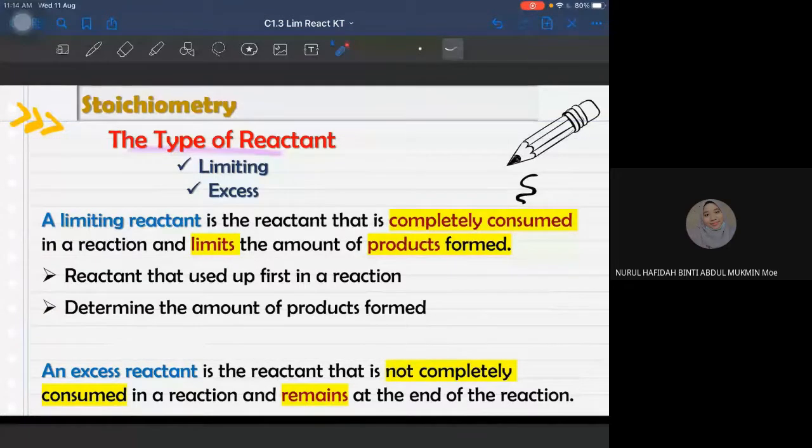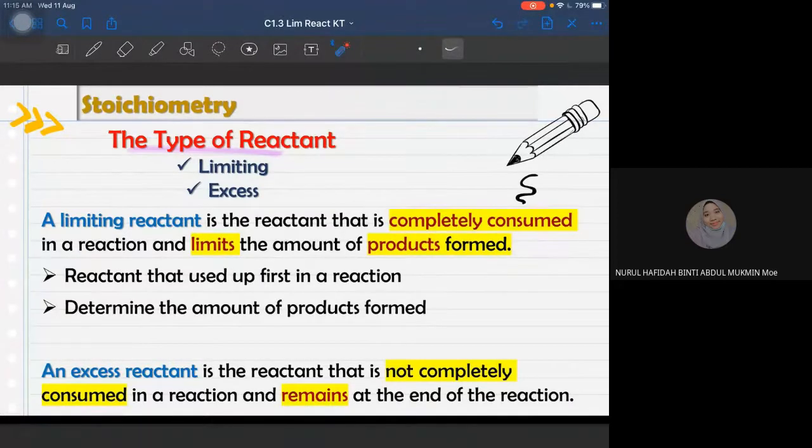Sebab tu dia cakap dia akan limit the amount of product form. Okay, in other word, we can say that it is the reactant that use up first ataupun habis dahululah in a reaction, and it will determine the amount of product form. Okay, boleh faham dia punya definition?